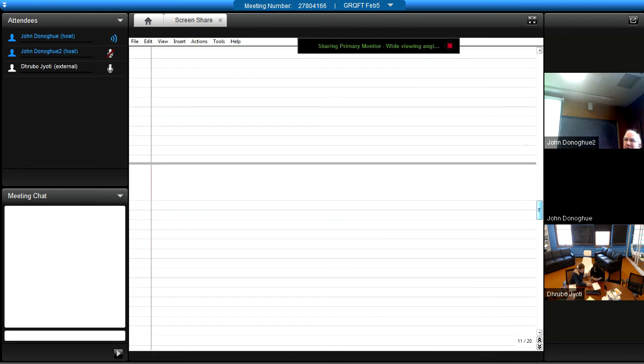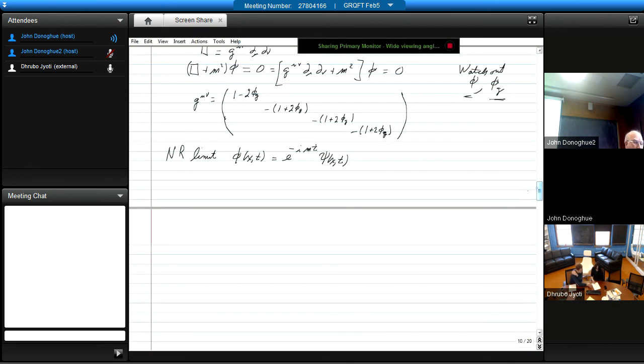Then my equation has G00 with two time derivatives. G00 is 1 minus 2 phi g.